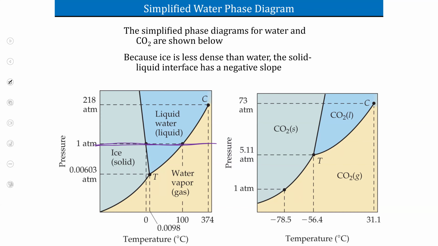We're saying, okay, if I'm at a low temperature at 1 atmosphere pressure, as I move from left to right, I'm increasing the temperature. So I'm starting with ice that's colder than 0 Celsius. As I move to the right, I hit this point where my solid water melts. That's 0 Celsius. If I keep going then, I'm still increasing the temperature. And then I get to a point where now I hit a boundary between liquid water and water vapor.